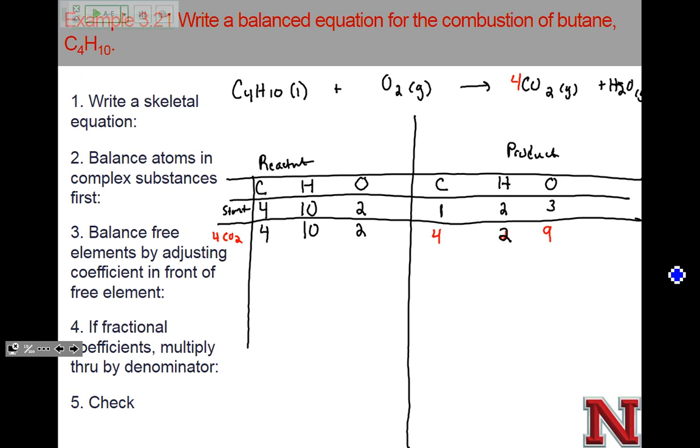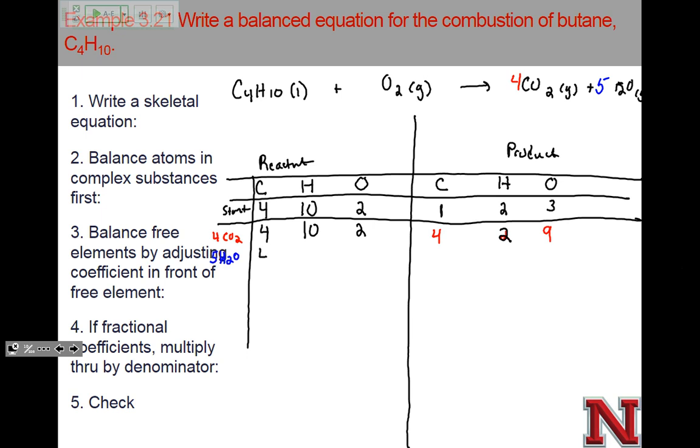So if I multiply my H2O term by 5, then I can get somewhere. Okay, so just going to put 5 H2O here.